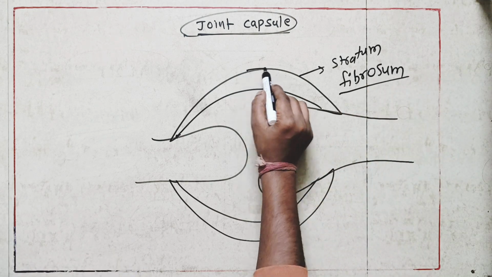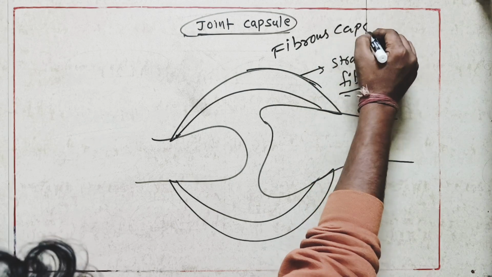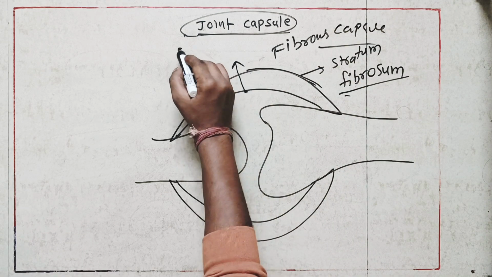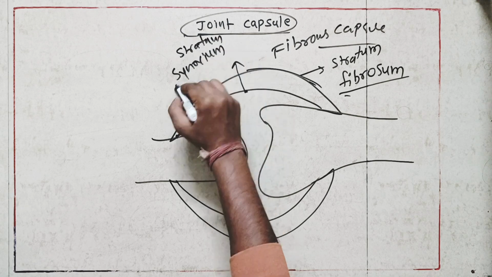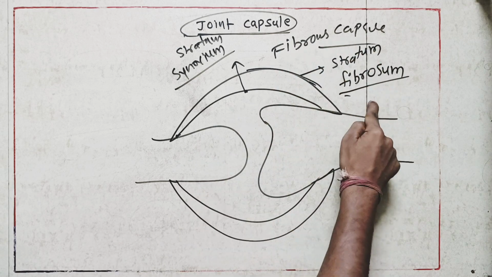Sometimes this outer layer, stratum fibrosum, is also called the fibrous capsule. The inner layer is called the stratum synovium. So these are the names of the capsule layers. The outer layer is called the fibrous capsule or stratum fibrosum.